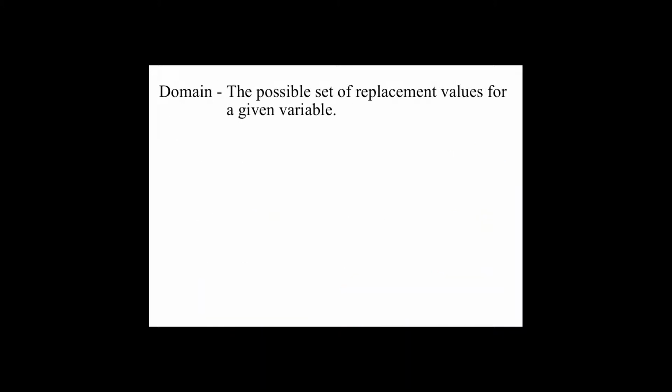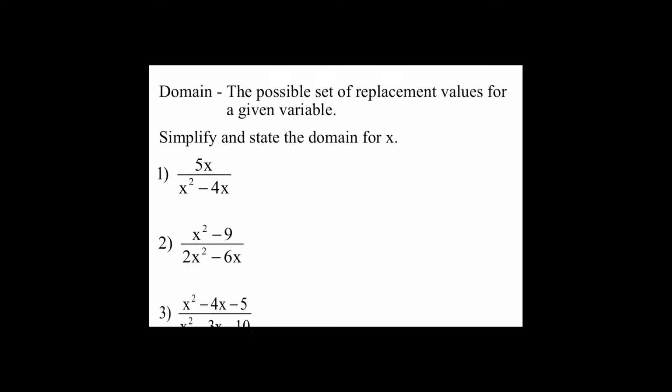All right, the domain is the possible set of replacement values for a given variable. So, when it says simplify and state the domain for x, what that means is, what are the possible values that x is allowed to be? Now, because these are fractions, there's a big rule in math, and that is that you can't divide by a 0.